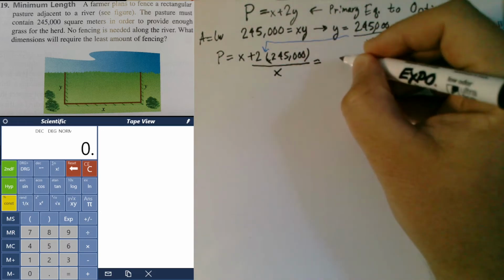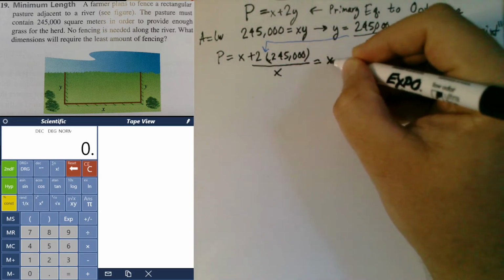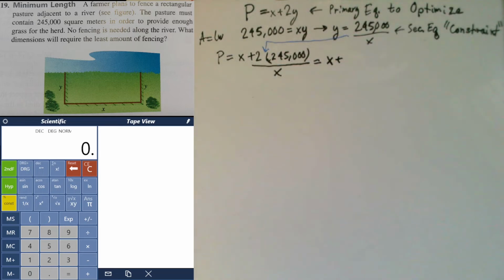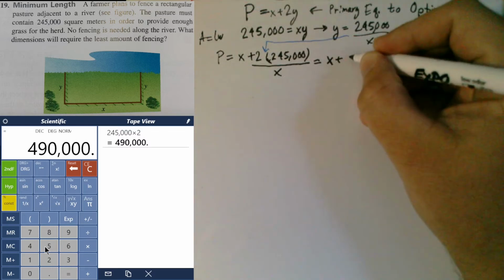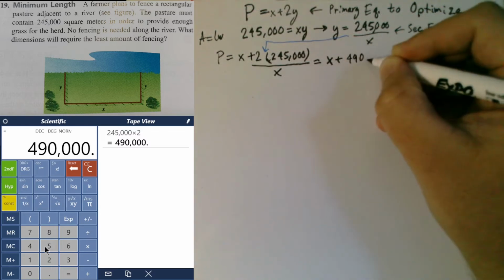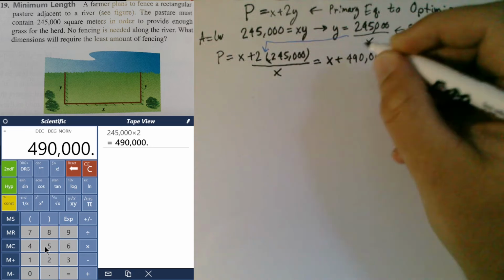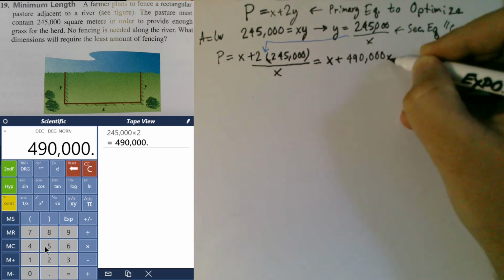We can then simplify this as x plus, in our calculator we can multiply 245,000 by 2. We get 490,000. I'm going to rewrite over x as x to the negative 1 power.